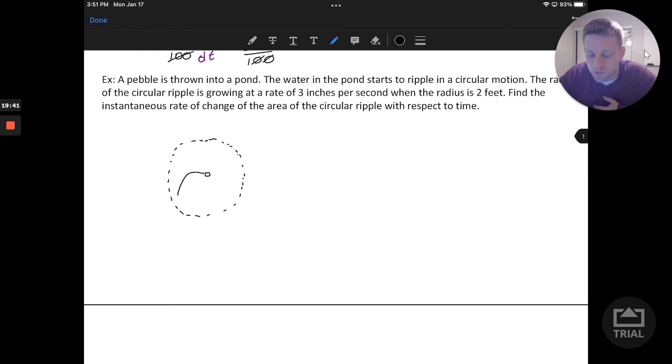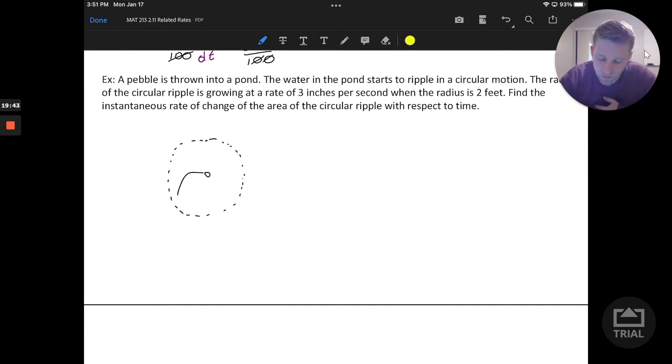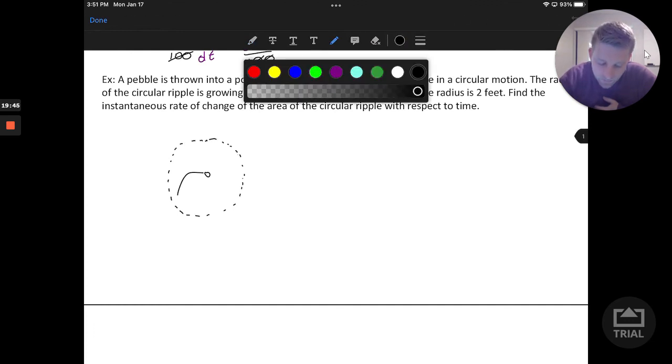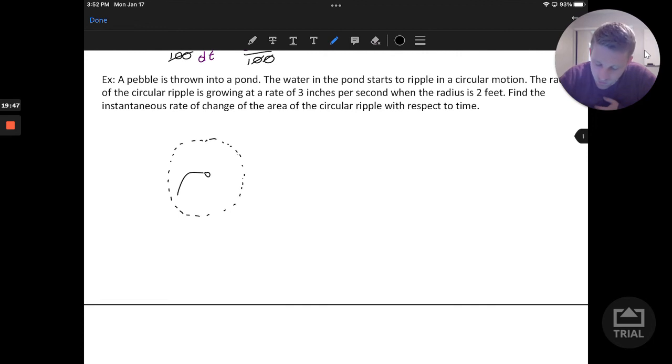We have our circular ripple, and again, this ripple is expanding in such a way that the radius here that goes out from this ripple is increasing or growing at a rate of 3 inches per second.